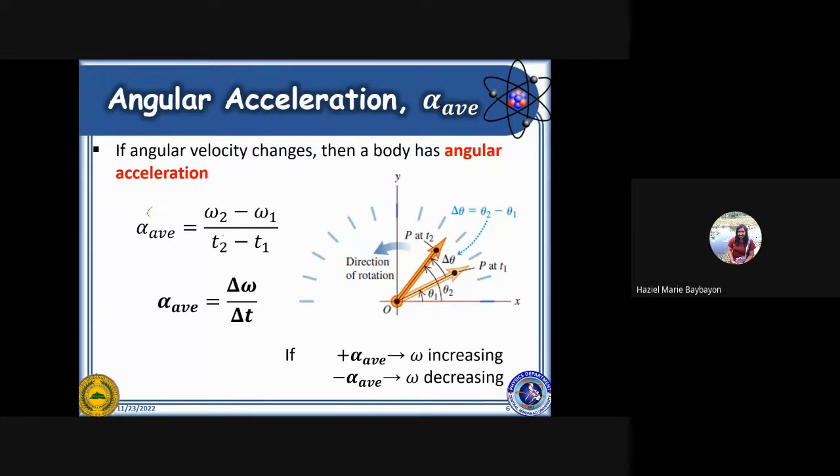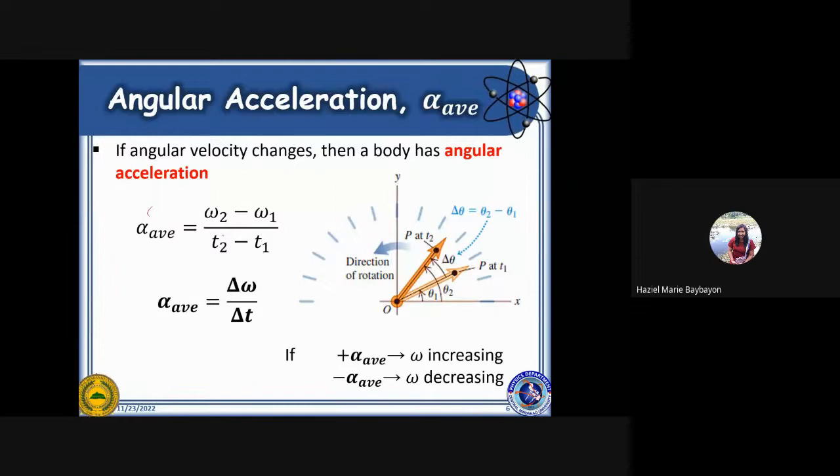Okay? So if omega is increasing, then the average acceleration is positive. However, if omega is decreasing, then negative ang imo ang average acceleration as seen in this equation.